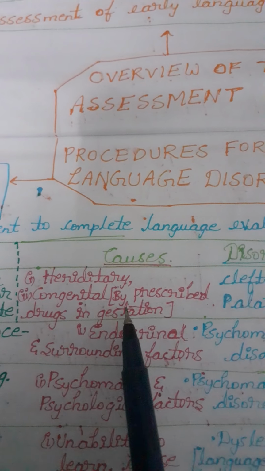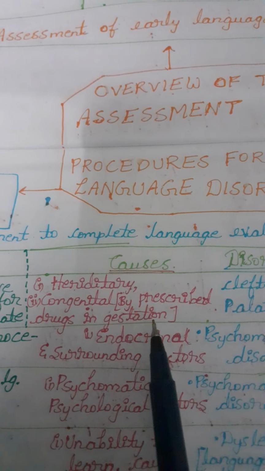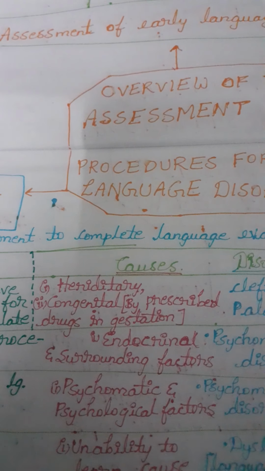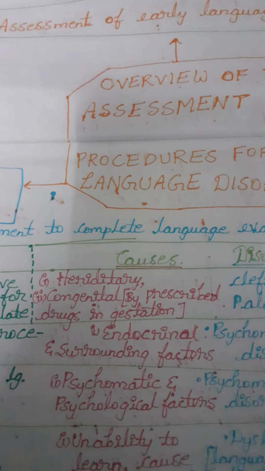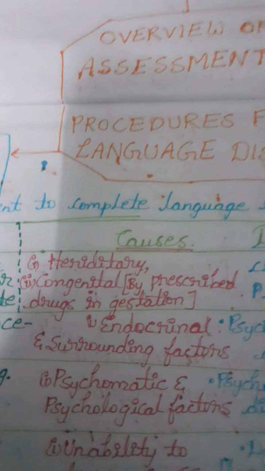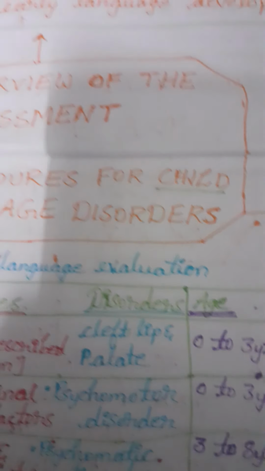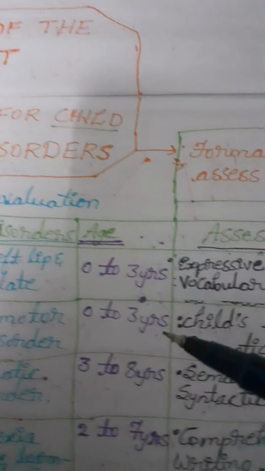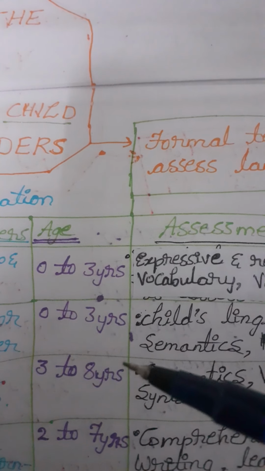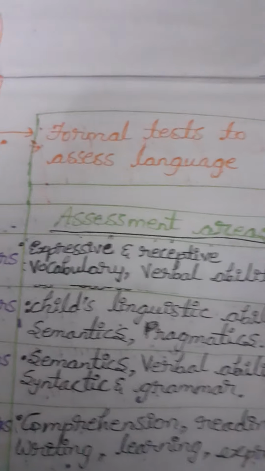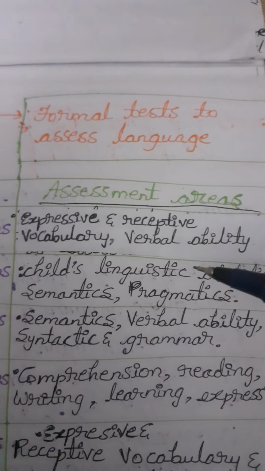Congenital is due to prescribed drugs during the gestation period, meaning the effect of drugs during gestation can cause congenital disorders. This disorder is cleft lip and palate. Ages affected may be 0 to 3 years. Assessment areas are expressive and receptive vocabulary, and verbal ability.